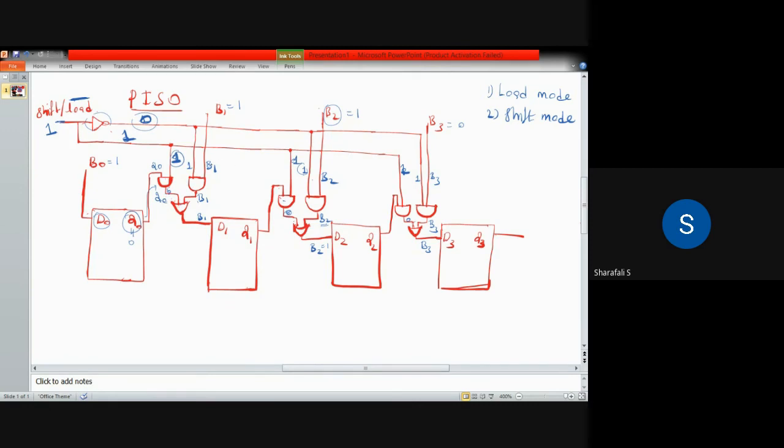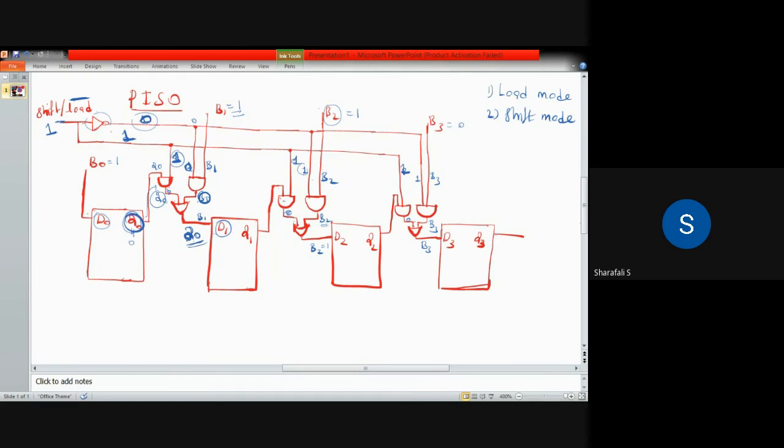But B1 is equal to 1, and this particular line is 0, so we have 0 here. So when you take the product between B1 and 0, this line will become 0, and here we have Q0 OR 0 coming. So then Q0 will come this side. Now your input is changed from B1 to Q0, that is the output of the first one.